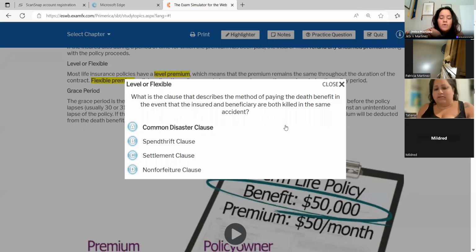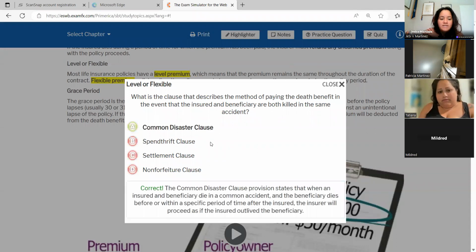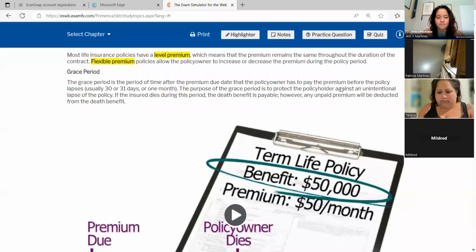Okay, you're both telling me common disaster it is. It provides that if the primary dies before the insured, they give you a period of time to do it the other way around, so that the money goes to the contingent.